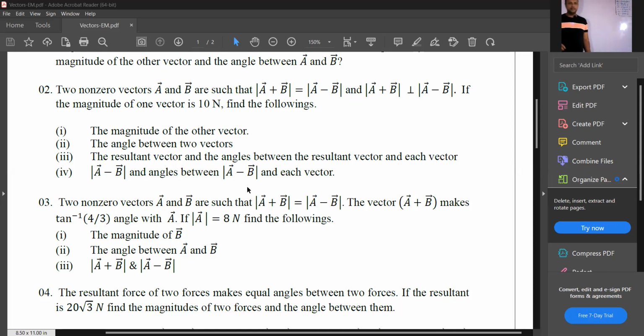Because the diagonals will be perpendicular as well as equal. If they are equal, then it should be either a rectangle or a square. But there's another data: both are perpendicular to each other. If both are perpendicular to each other, that means it should be a square.